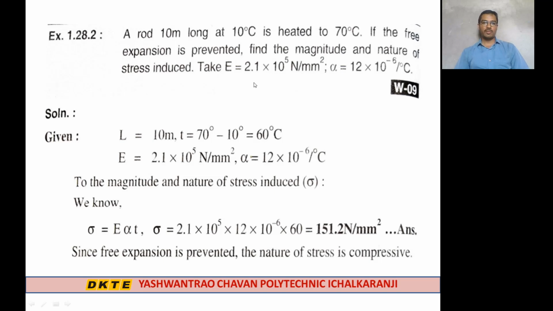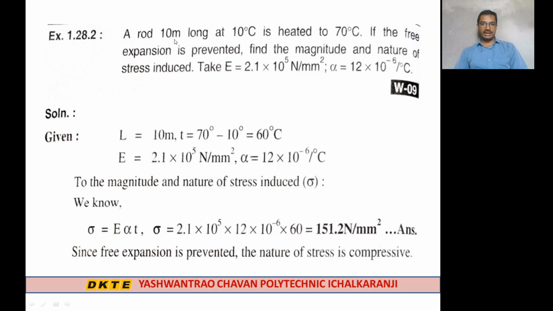Let us solve the first problem. A rod 10-meter long at 10 degrees centigrade is heated to 70 degrees centigrade. If the free expansion is prevented, find the magnitude and nature of stress induced. Take E is equal to 2.1 into 10 raised to 5 Newton per millimeter square, and alpha is equal to 12 into 10 raised to minus 6 per degree centigrade.